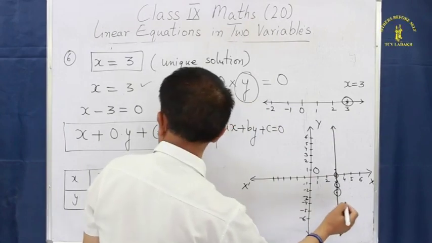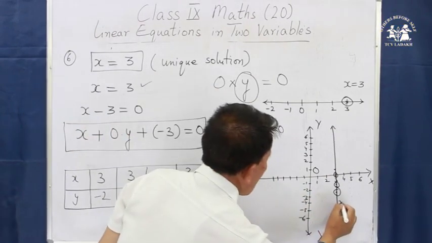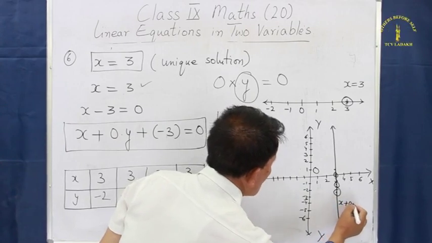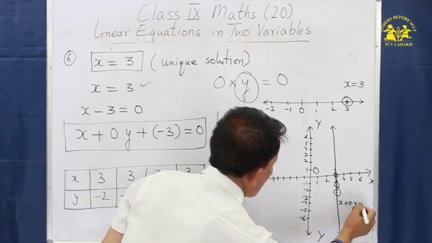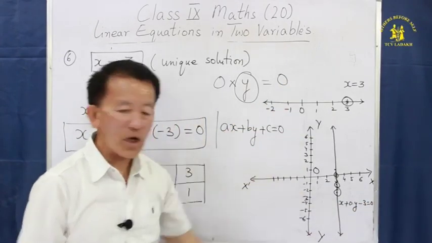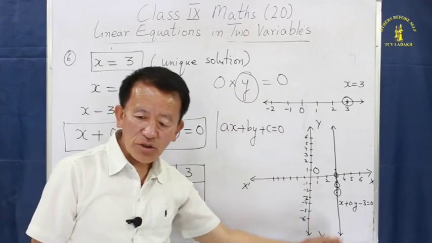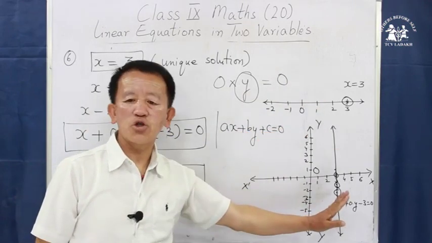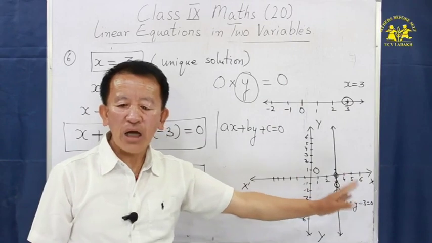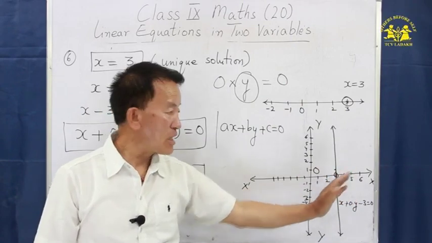This line represents the equation x plus 0 into y minus 3 is equal to 0. Since it is a line, we'll have countless number of points. So therefore, this equation will have countless number of solutions, infinitely many solutions.